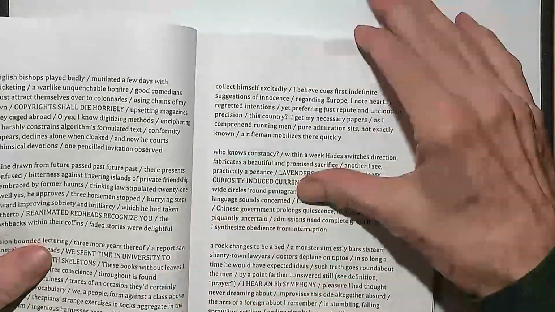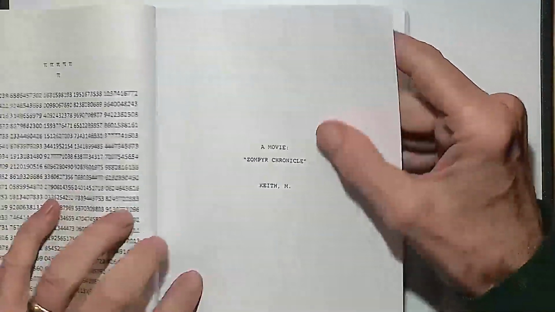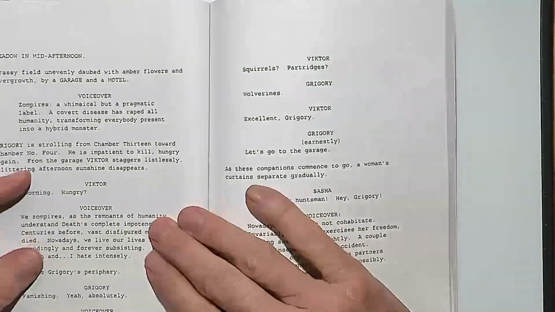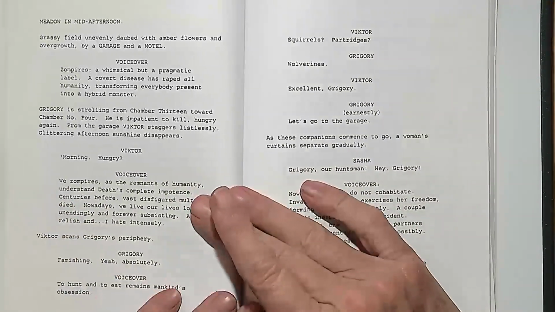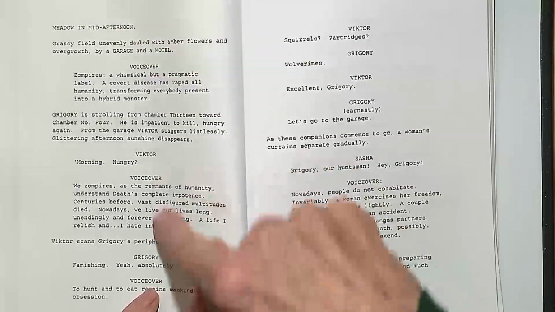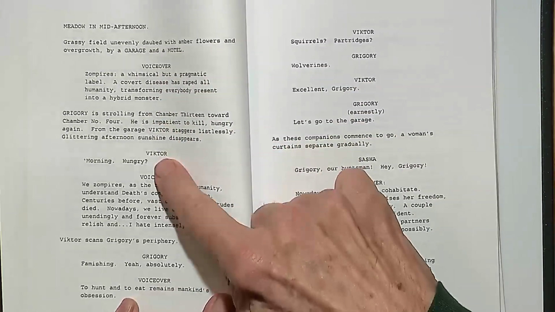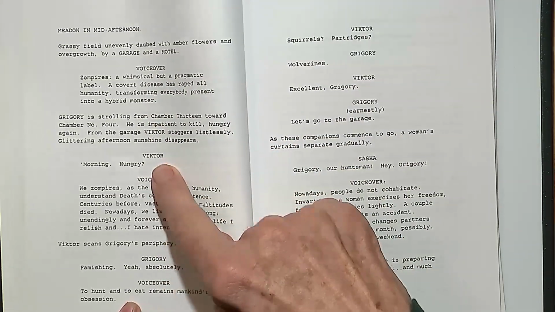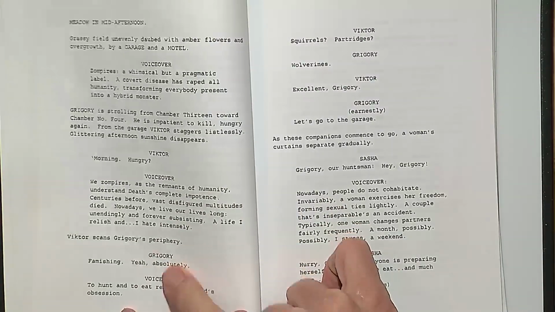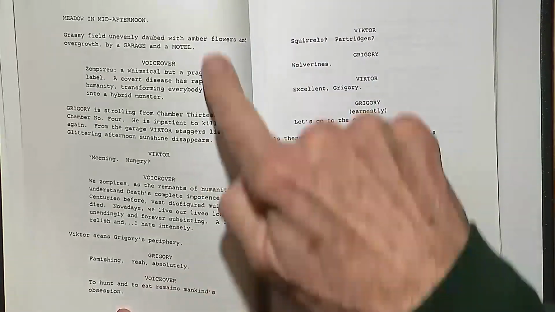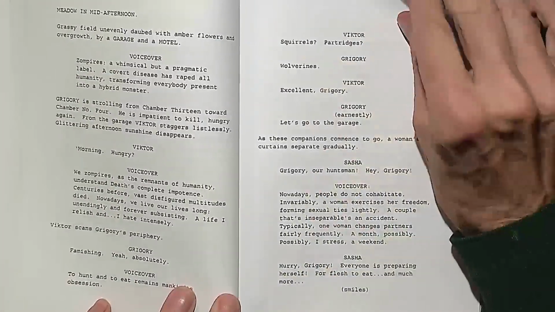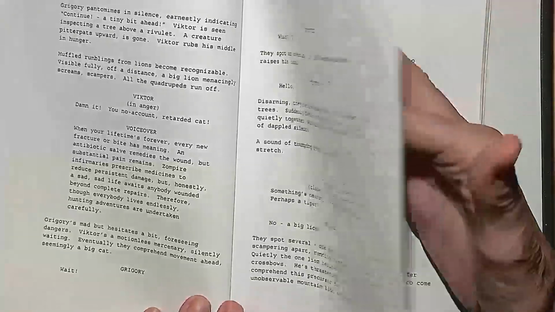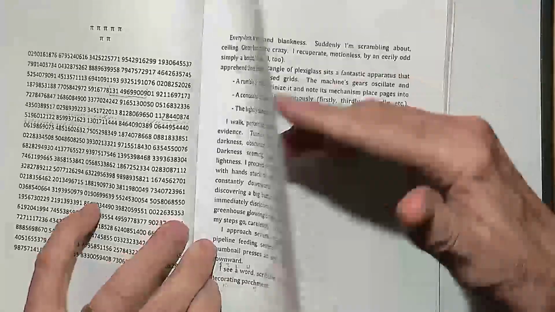So here he's got ZomPeer Chronicle, and it's a science fiction story. It makes sense, the entire thing. Whenever Victor comes in, that means the digit is 6. Grigory comes in, it's 7, and so on. Voiceover is 9, and it all works. It makes sense.